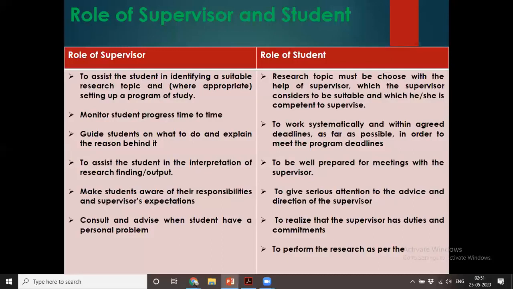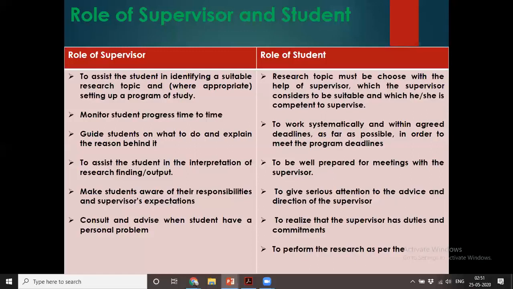Then, realize the supervisor's duties and commitments. What happens sometimes is that some research scholars, without informing the guide, directly go to his chamber to meet them in an unprofessional way. That should not happen. Generally, this culture is not there everywhere.